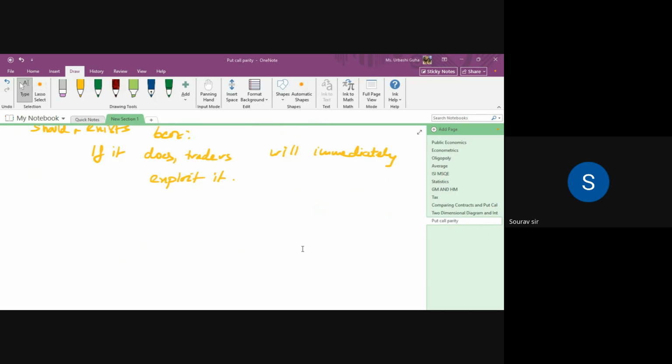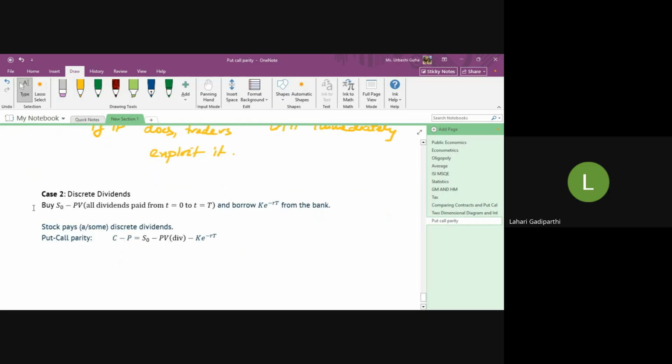Next, case 2: discrete dividends. Case 1 was what we did with buying one share of stock. Discrete dividends means the stock pays a dividend during the life of the option.